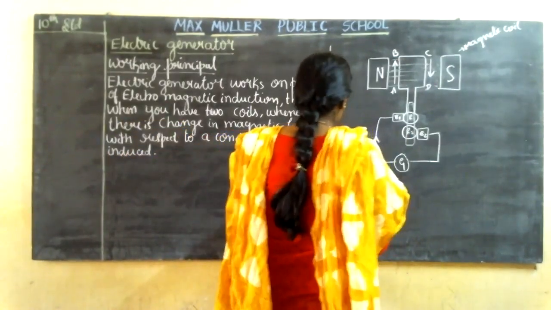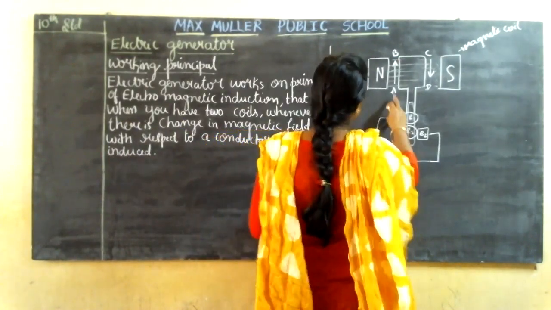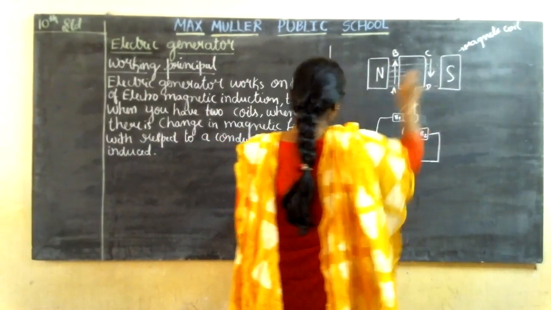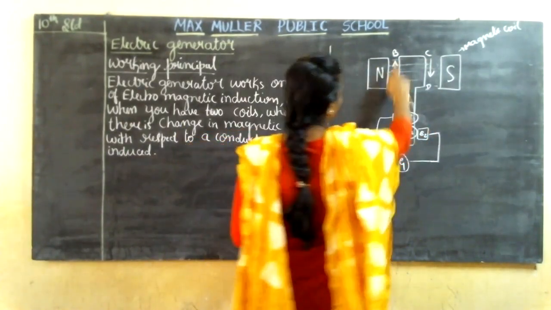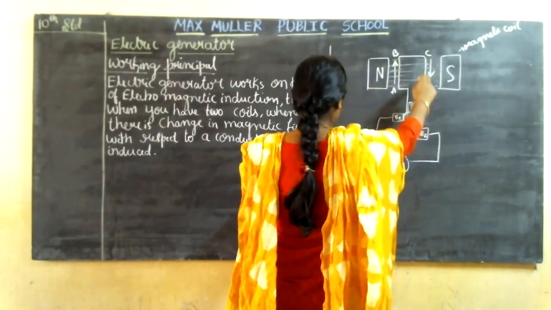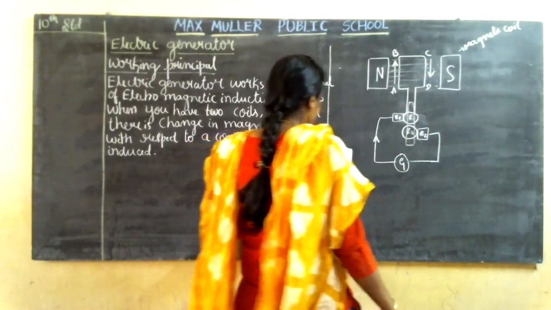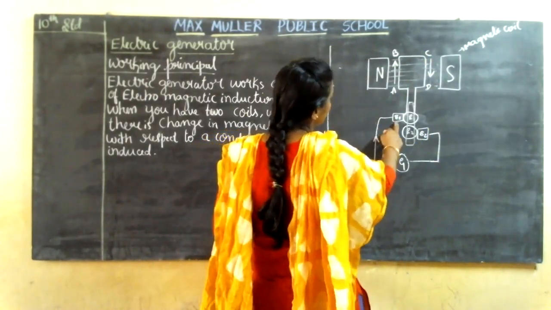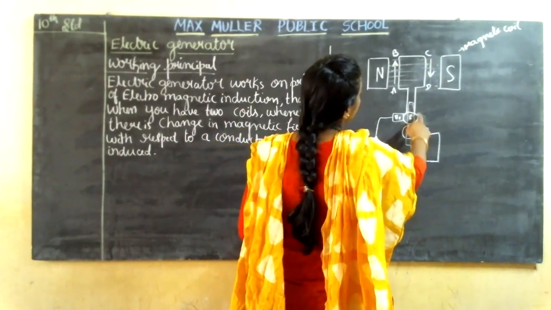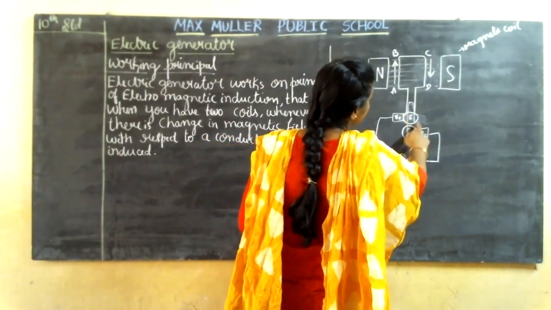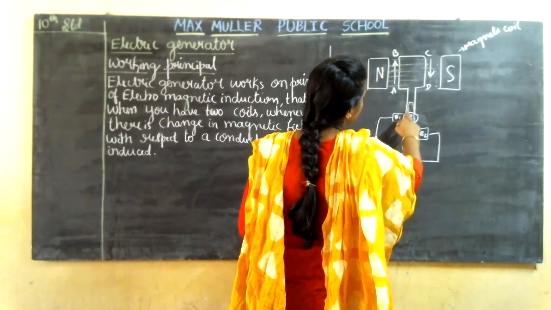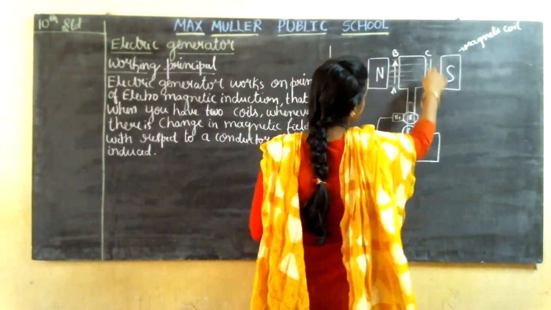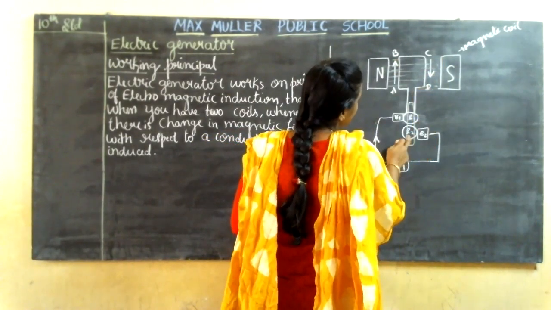Next, how is the current flowing here? From A to B and C to D. The current is flowing in this direction. It goes to the brush, then to this split ring, and goes through the wire A to B and C to D, and again comes back to R2.